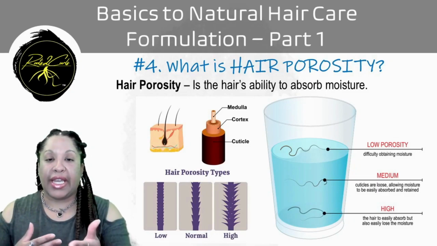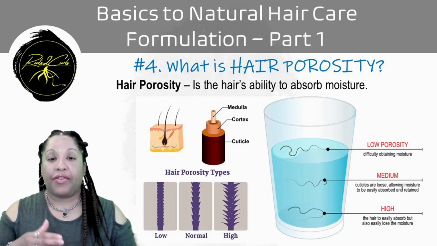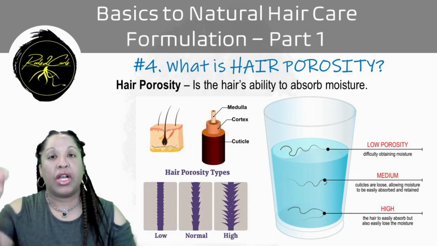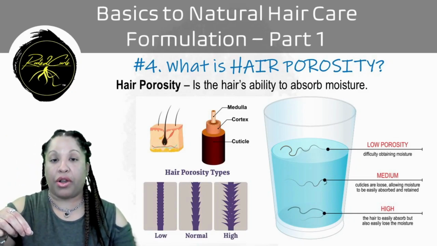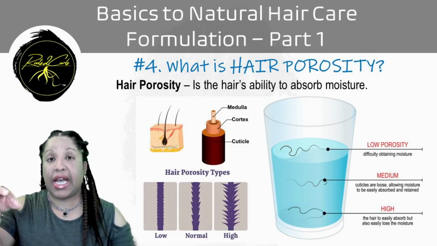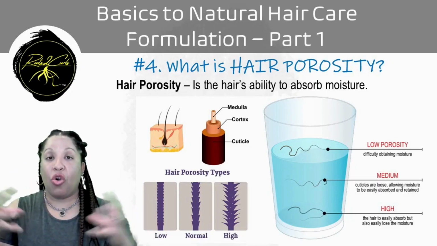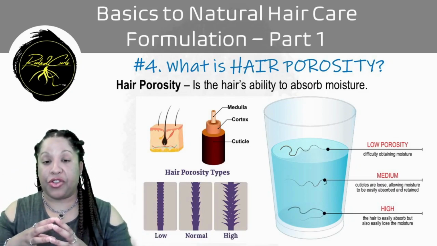So again, that glass of water: if you take a strand of your hair and put it in a glass of water, and it is floating at the top, that means it's low porosity. The cuticles are closed, and no water or moisture is entering into the strand.